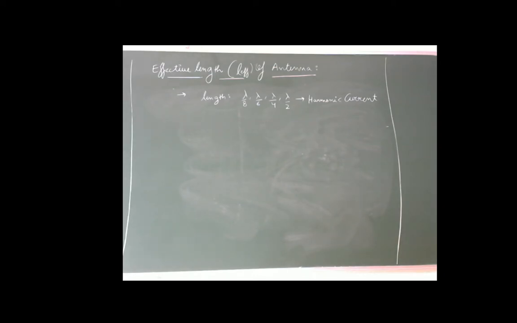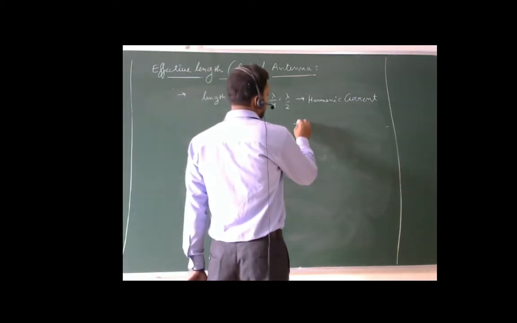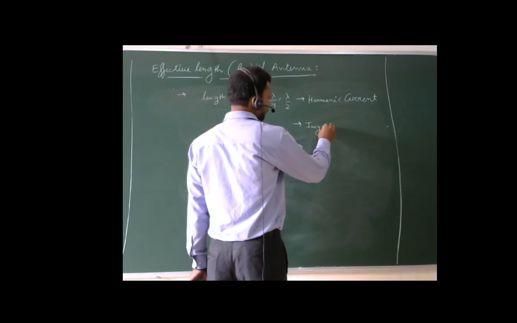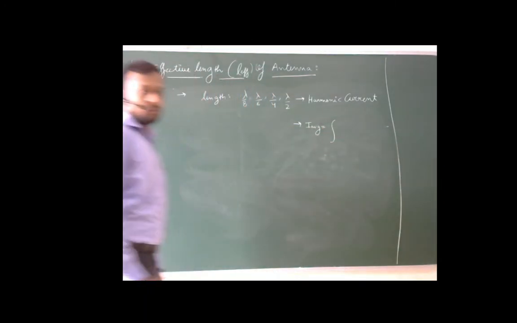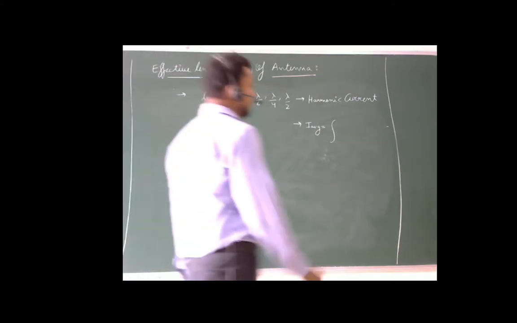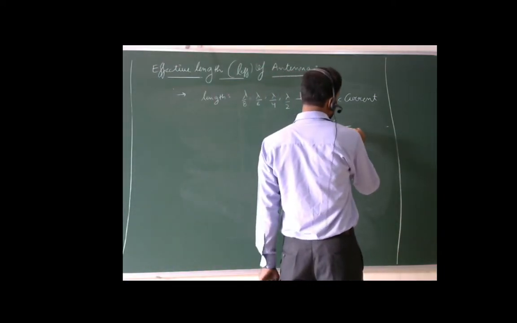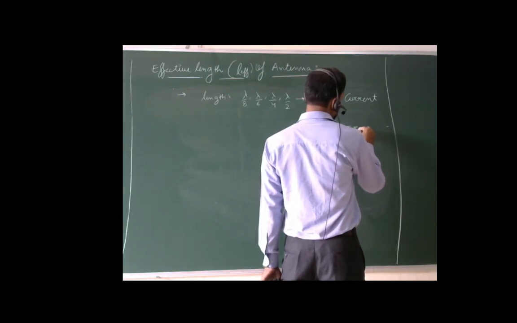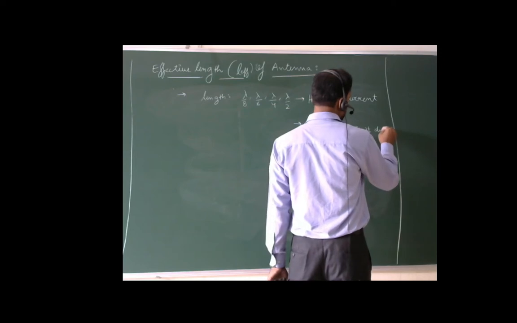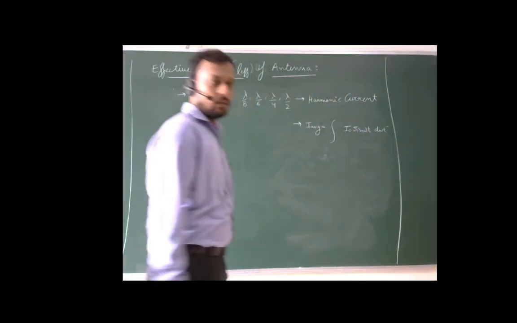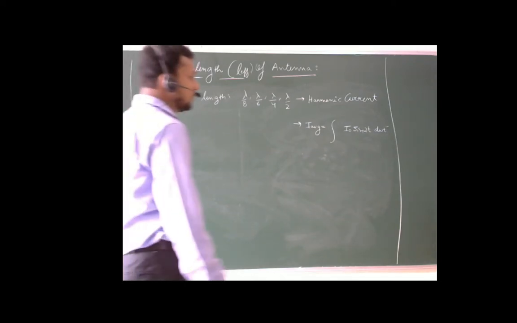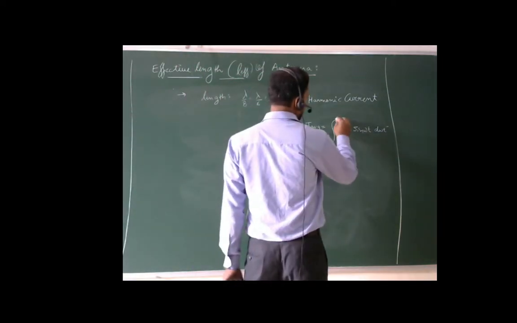So for this harmonic current, the I average can be given by, if the harmonic current applied is I naught sine omega t, d omega t, and it varies over its time period, that is 0 to pi.